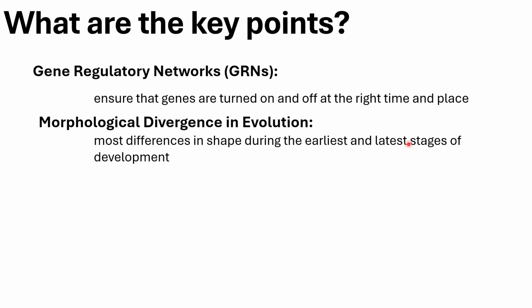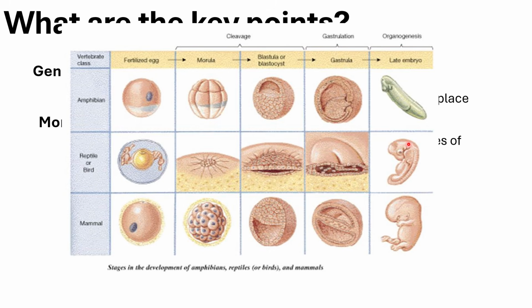Actually, other references would call this the hourglass model. So it says here, for example, for amphibians, reptiles, birds, and mammals, you would have different morphological structures in the early development of the animal.